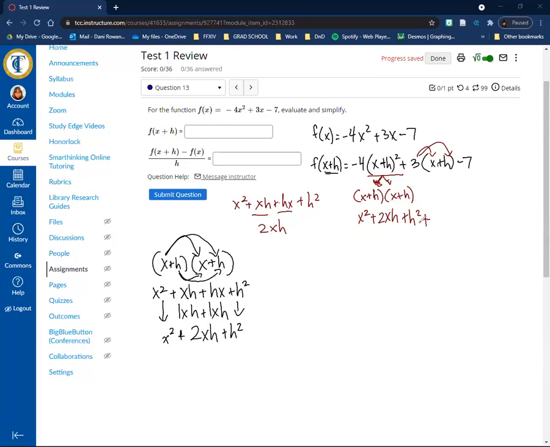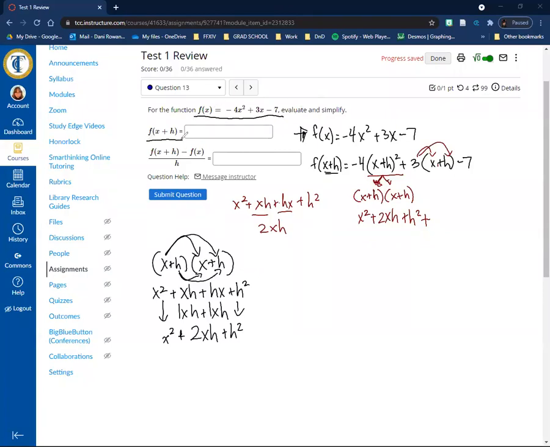I'm just having trouble at the very beginning step, like how you're plugging that equation in. How you're plugging the negative 4x squared into the f of x plus h. Okay. So this is the original equation, right? We were given this.